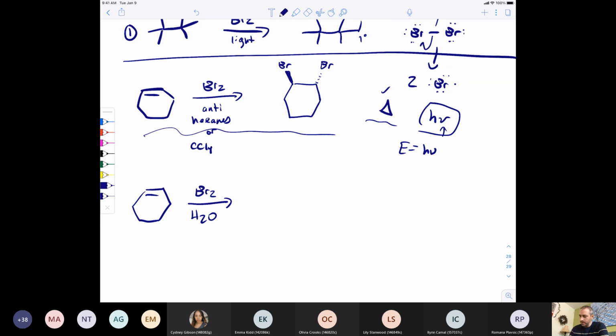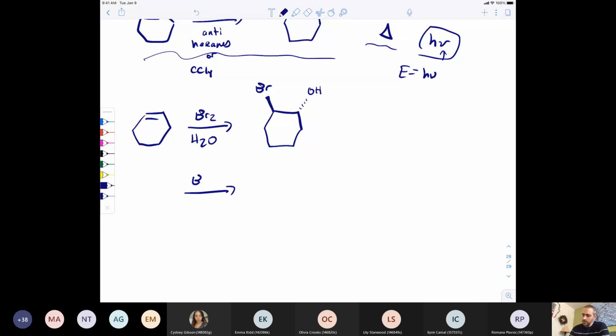What happens there is the Br still adds, but you end up on the other side putting an OH from the solvent. If instead you used Br2 and let's say you used an alcohol, ethanol, which is also a nucleophilic solvent, you can get an ether. So any kind of nucleophile here, and the mechanism for that is in the slides.